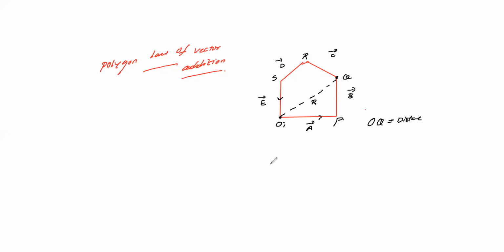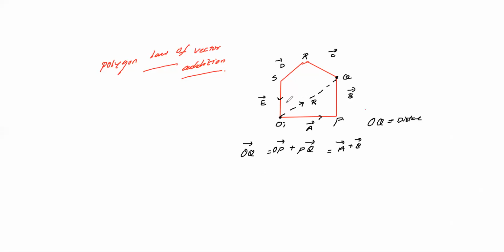From this relation, we can say OQ vector is equal to OP vector plus PQ vector, which is A vector plus B vector. If you want to find the resultant, we are going to add directly. That's it.